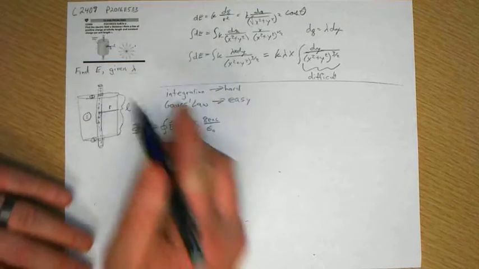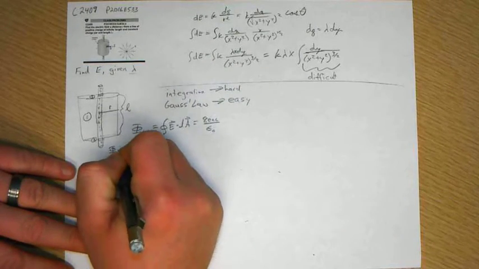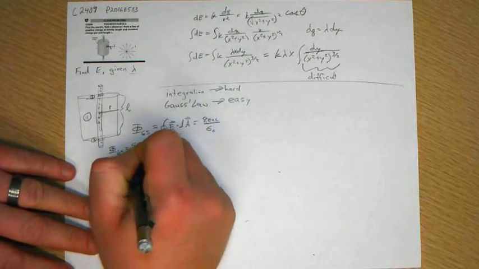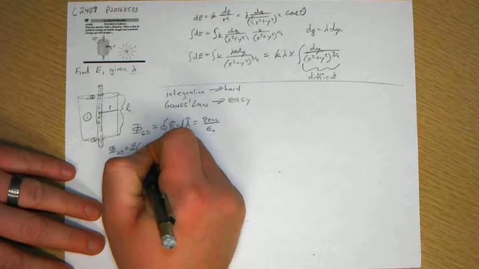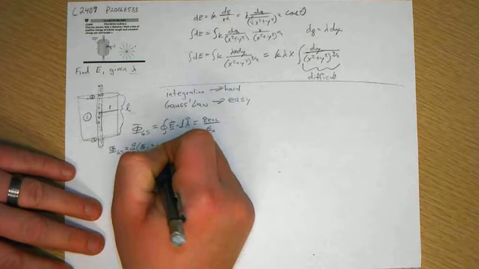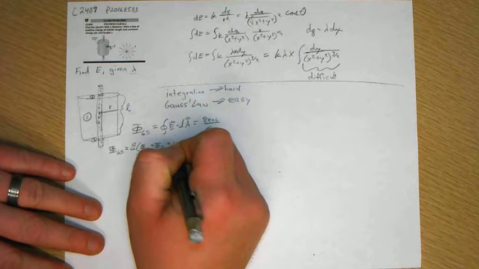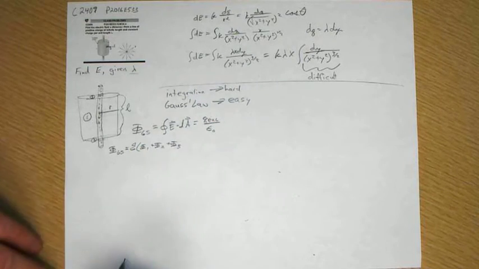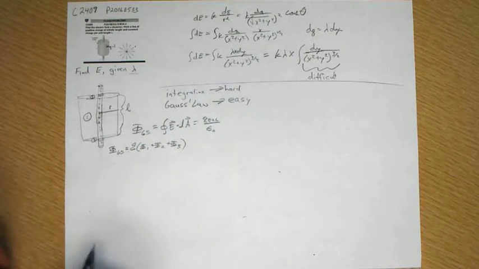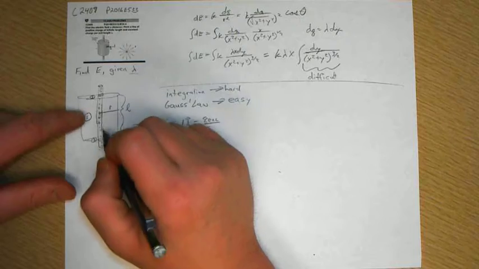So looking at the flux through the Gaussian surface, it is the sum of the flux of 1 plus the flux of 2 plus the flux of 3, all three surfaces. But what do we note about surface 2 and surface 3?